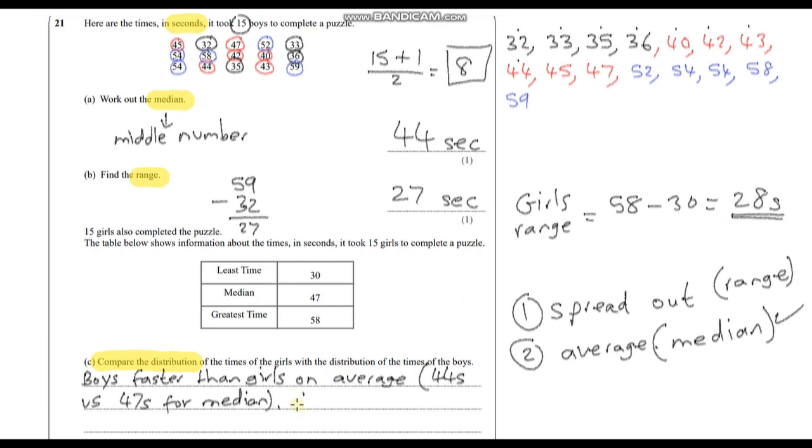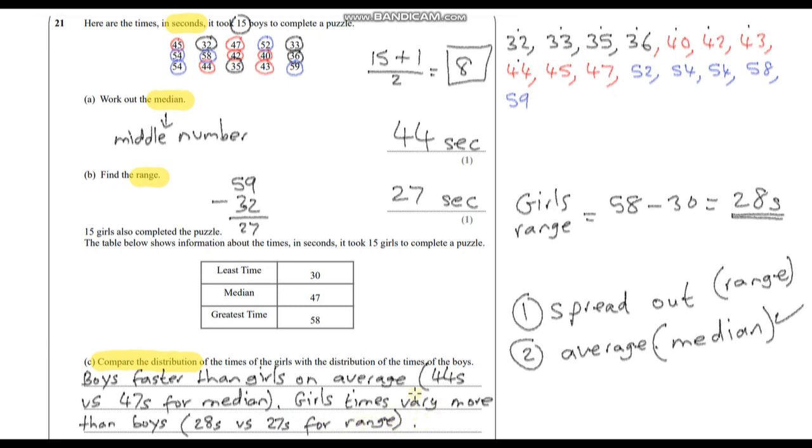So we could say the girls' times vary more than boys. And let's just give our data for that: 28 seconds versus 27 seconds for the range.